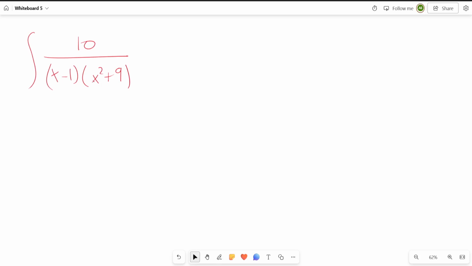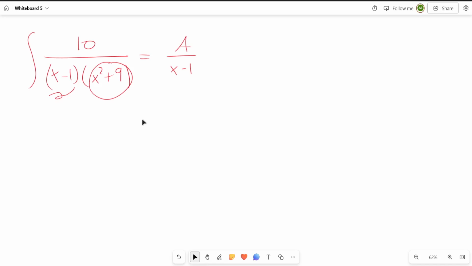Okay, let's see each term and figure out what type of term this is. This is a normal linear factor, so I'd expect to have A over x minus 1. What about this factor? It's a quadratic factor. First thing I need to ask myself is, is this factorizable? Can I factorize this more? If I can, then I can factorize and see what other factors I get.